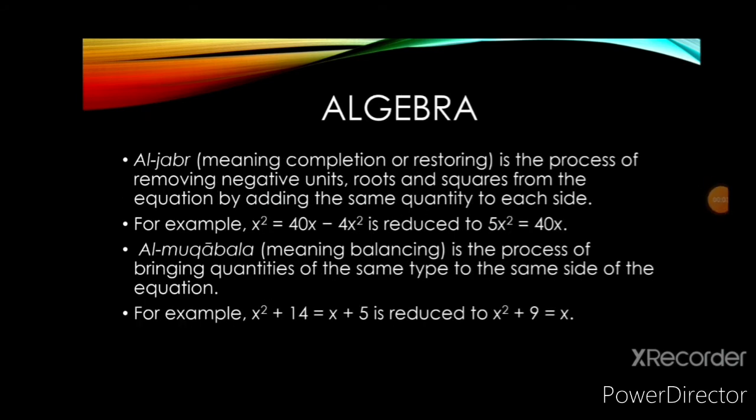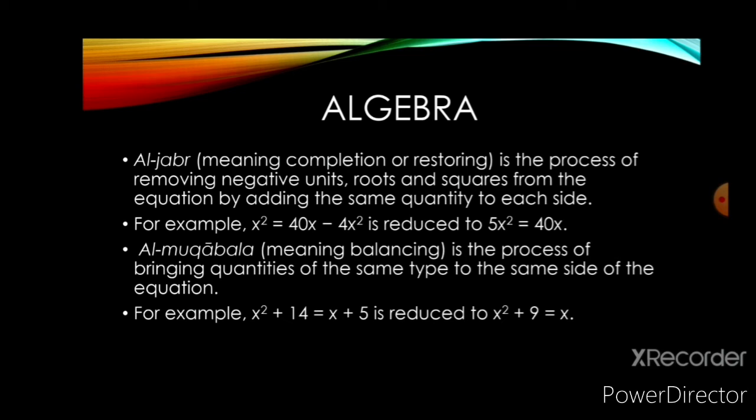Now, we will learn about what developments were made by the Arabs in different fields of mathematics. For example, we have algebra. Al-Jabr, meaning completion or restoring, is the process of removing negative units, roots and squares from the equation by adding the same quantity to each side.